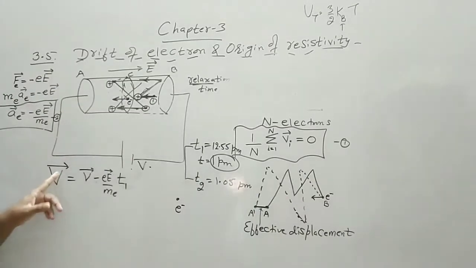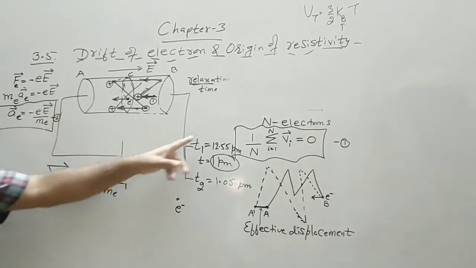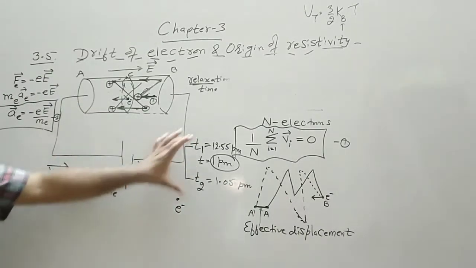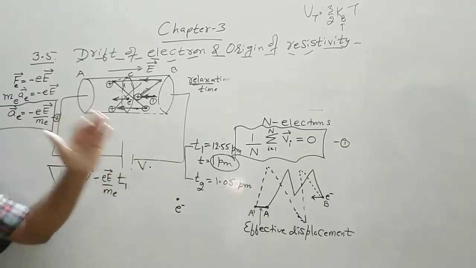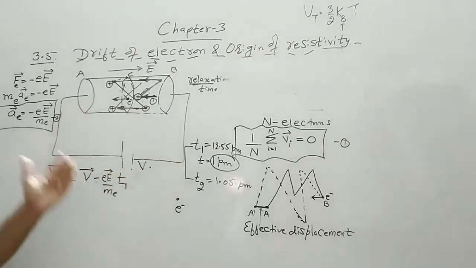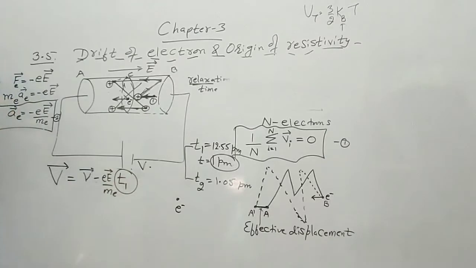So if I keep V1, delta T1, the relaxation time of the first electron, then V2, delta T2, the relaxation time of the second electron, third electron, like this. So we take this as the time between two consecutive collisions for any electron.